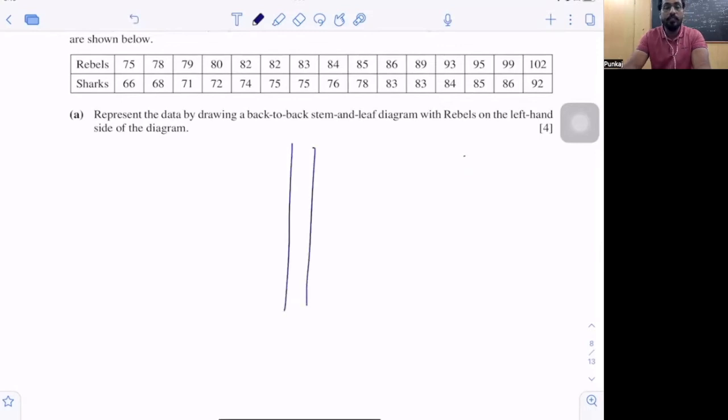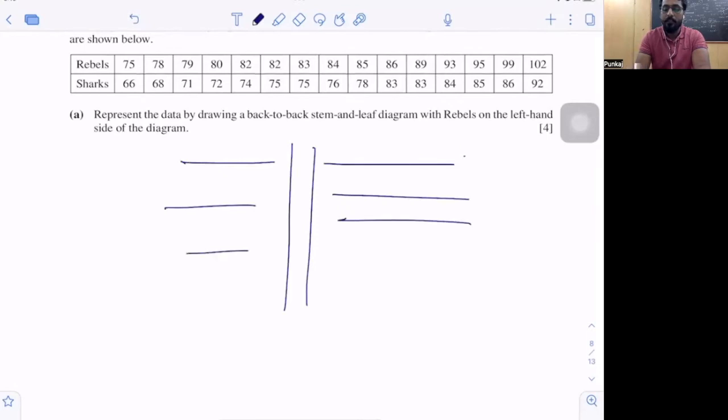So if this is a stem and these are the leaves, the values which are present in the stem, let's say for Rebels, you can observe it starts from 75, so that's 7, then 80, 82, that's 8, and then it goes to 93, 95, up to 102.